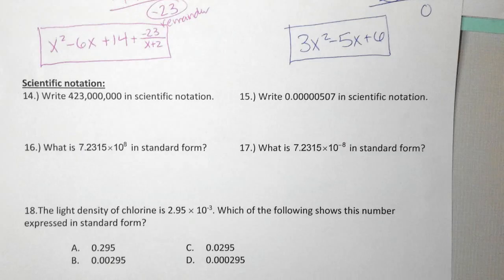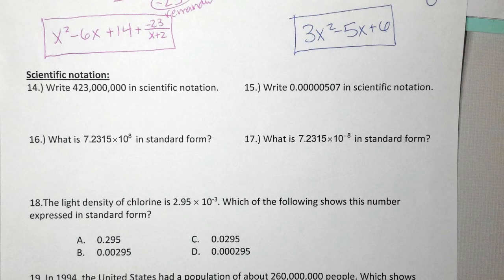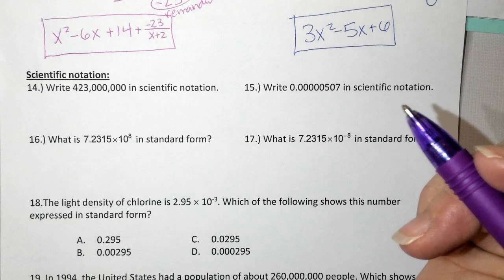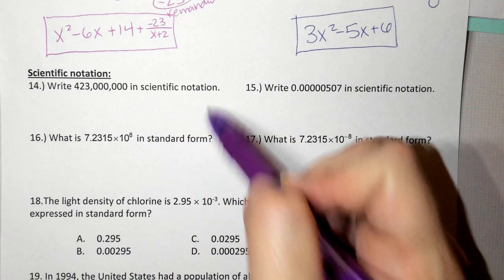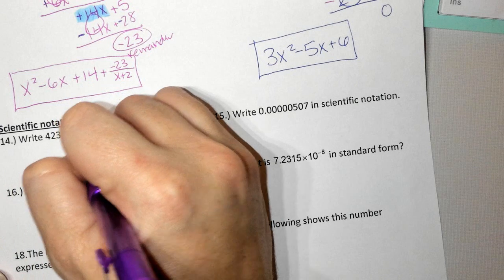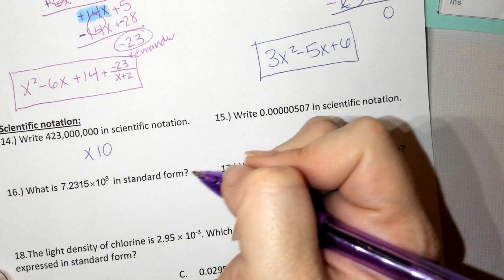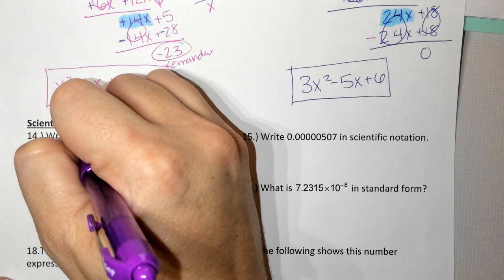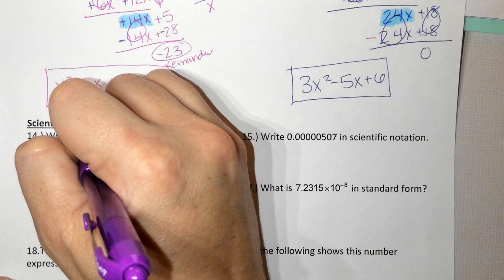Okay, the last thing we're looking at is what we learned today, which is scientific notation. Just a reminder, when your number is bigger than 1, written in scientific notation, it's going to have a positive exponent. So I know this is going to be times 10 to a positive exponent. My current decimal is here, and I want my new decimal to be here, because one number and then a decimal.